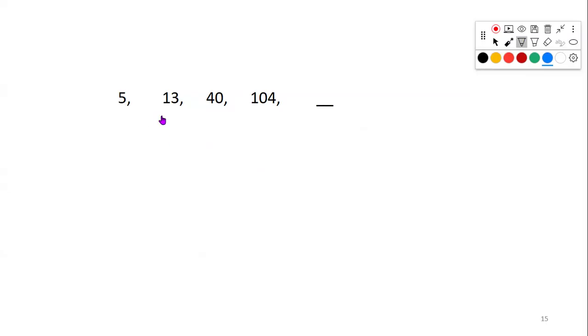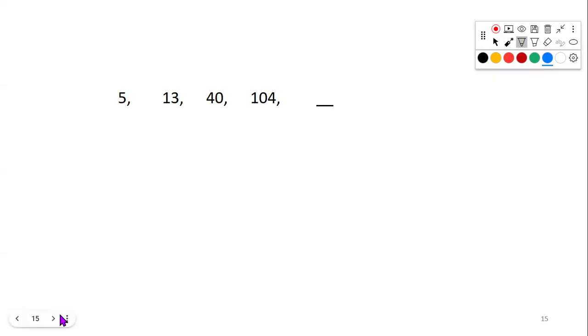So the difference is 8. The difference is 27. The difference is 64. You people got it.